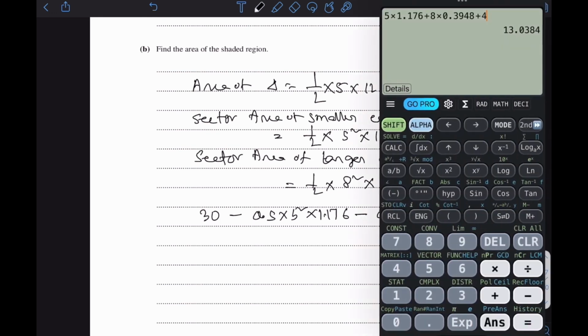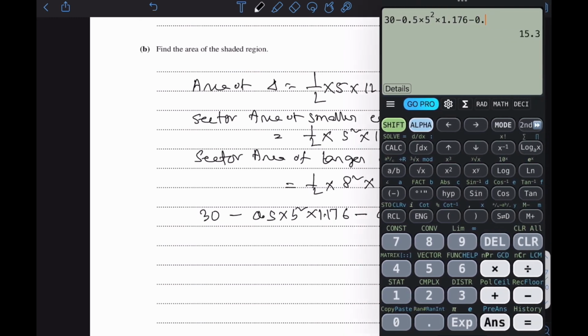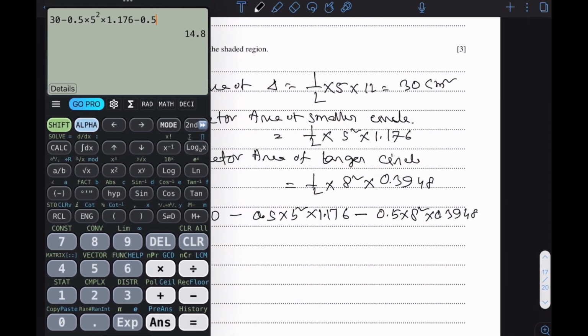So let me use the calculator now. 30 minus 0.5 into 5 square into 1.176 minus 0.5 into 8 square into 0.3948.